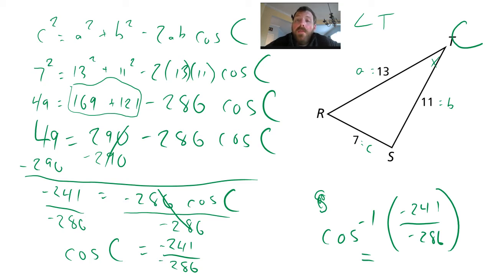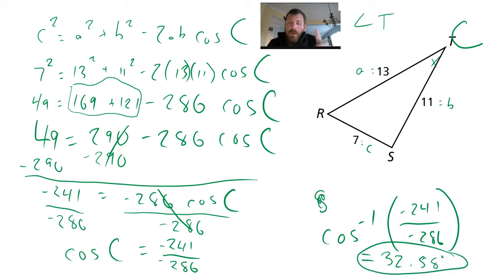Because I've isolated my cosine of C, and now I'm able to just do that in my calculator. And when I do that, I should get approximately 32.58 degrees.